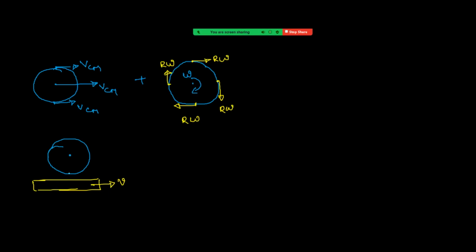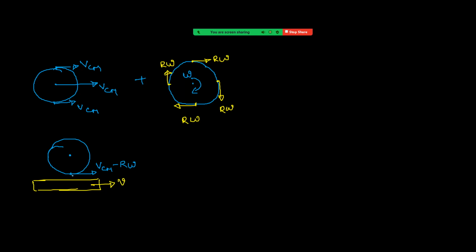See, for the contact point velocity, if we assume that Vcm is greater than r omega, the velocity will be Vcm minus r omega. If the velocity of the contact point is the same as that of the contact surface, then there is no slipping.